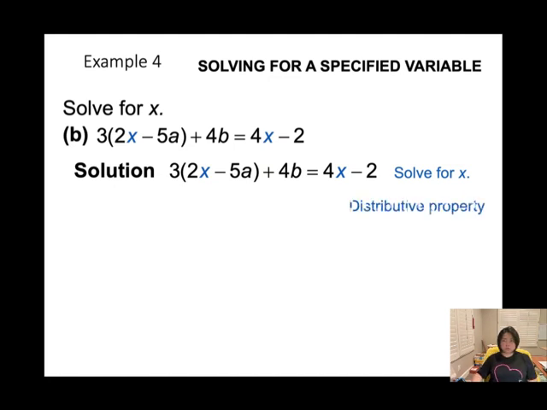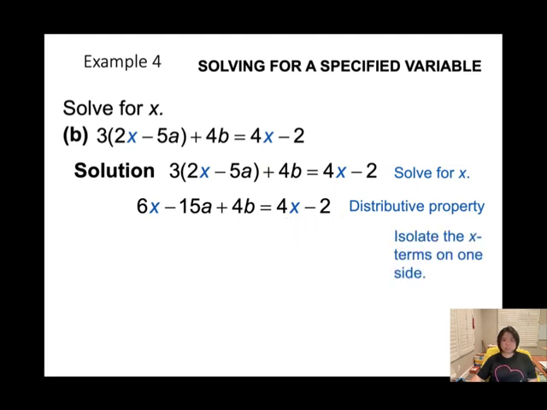So first, the distributive property. You're going to distribute the 3 to the 2x and also the 5a. And then you're going to look at it. On the left-hand side, do we have any terms that we can combine? No, right? They are not like terms. Right-hand side, nothing. So I want to isolate the x terms on one side. So we're going to subtract the 4x from both sides.